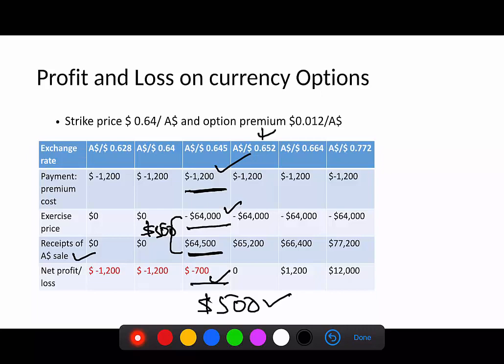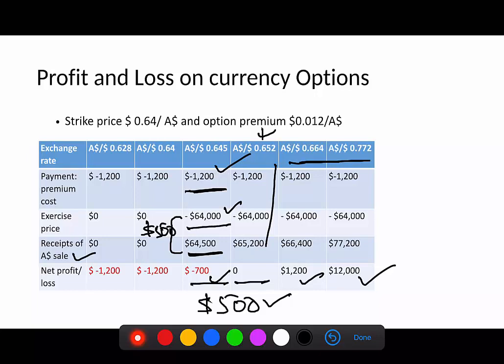Now here, if you see all this calculation, you will see that he just had made the break even, and his net profit is 0. In these last two columns, he has the situation where his net profit is 1,200 and 12,000 respectively.